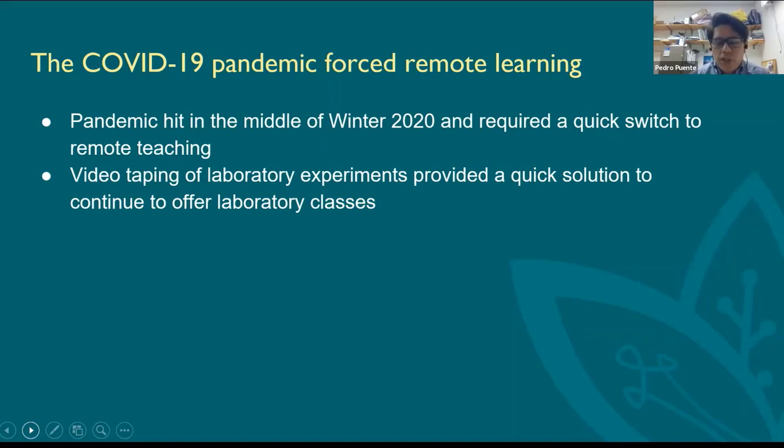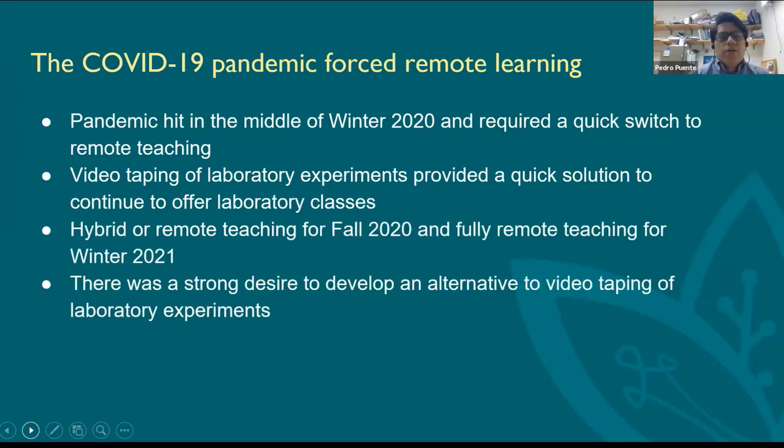So videotaping of laboratory experiments was the first resource that professors used in their classes, as well as analyzing external, third-party data.